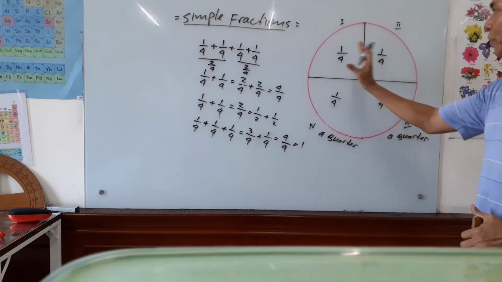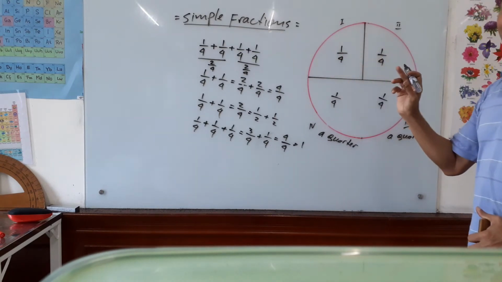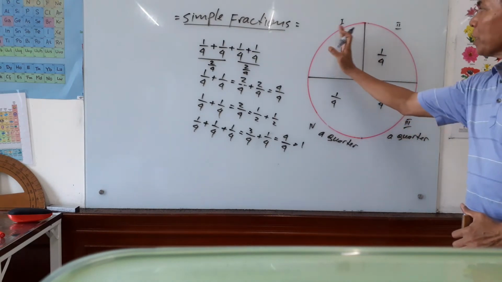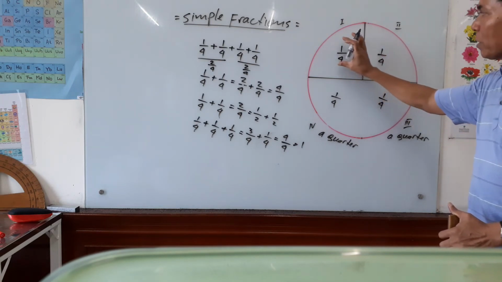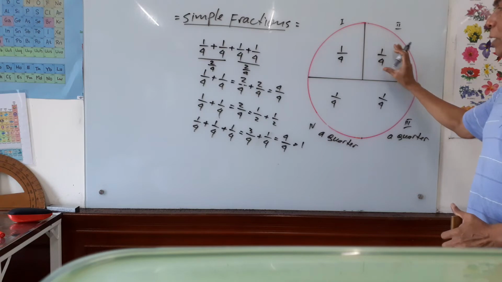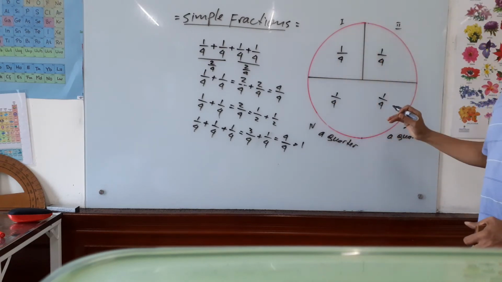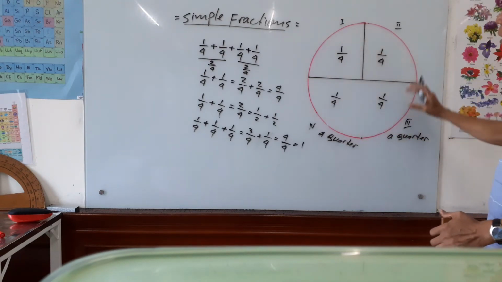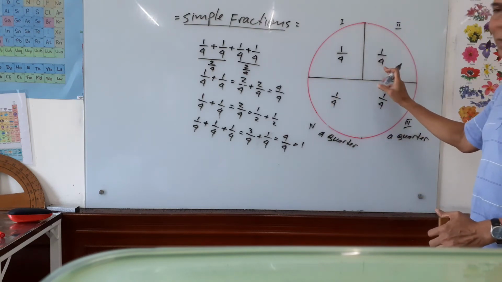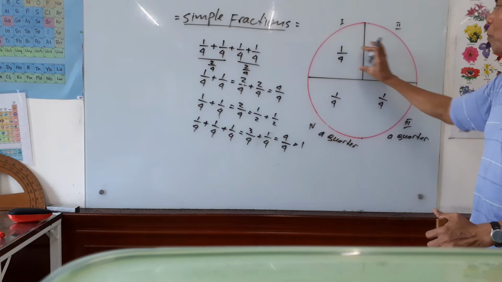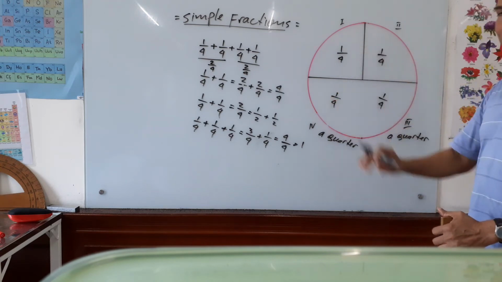From this half here, we divide into 2. So this first half, second half, of that half, makes a quarter of the whole pizza. That's why we have 1/4. 4 is for the whole pizza. 4 parts: 1, 2, 3, 4.